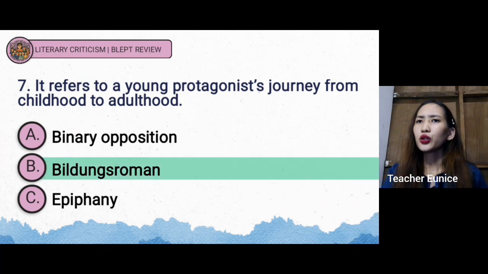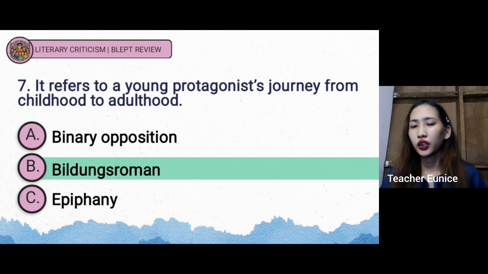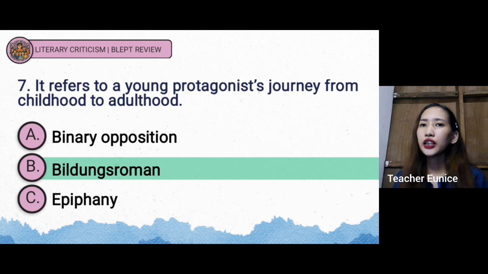Bildungsroman. So why Bildungsroman? When we say Bildungsroman, it refers to a young boy building up into a man. Bildungs means a young boy and Roman means adventure or quest. And epiphany, on the other hand, is the character's sudden realization about the world that gives a lesson in life.